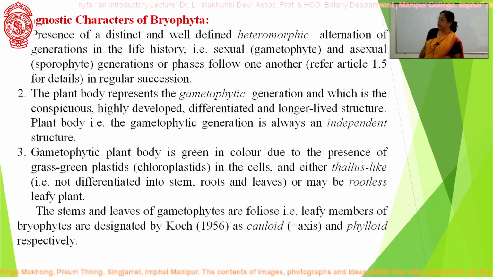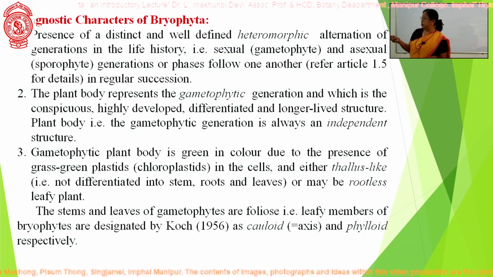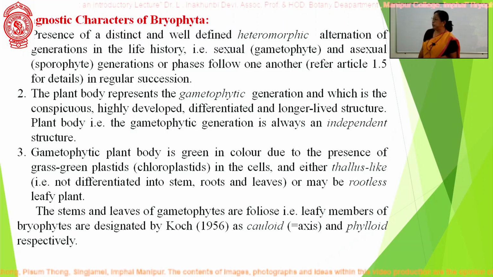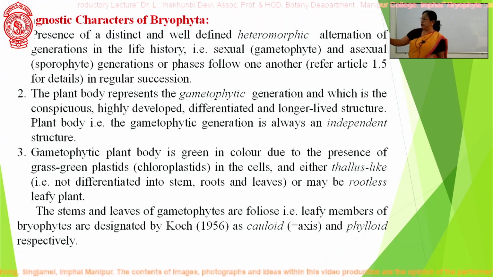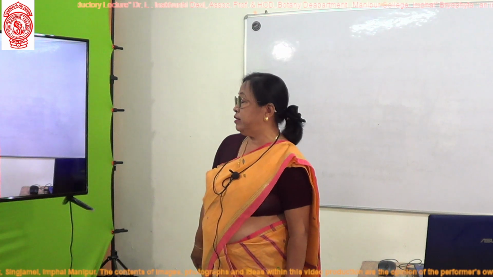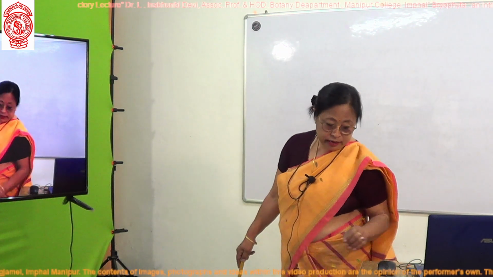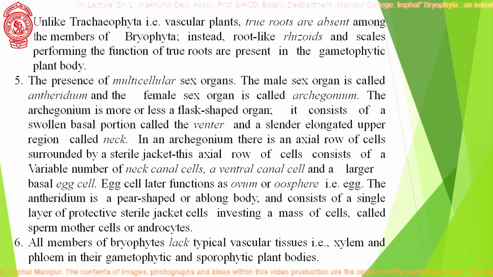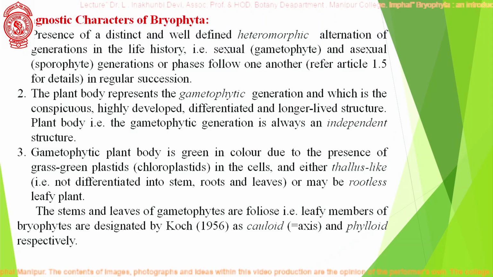And the second one is that the plant body represents the gametophytic generation, which is the conspicuous, highly developed, differentiated and longer lived plant body. The gametophytic generation is always independent in structure and long lived, and is independent of the often short-lived sporophytic plant body.